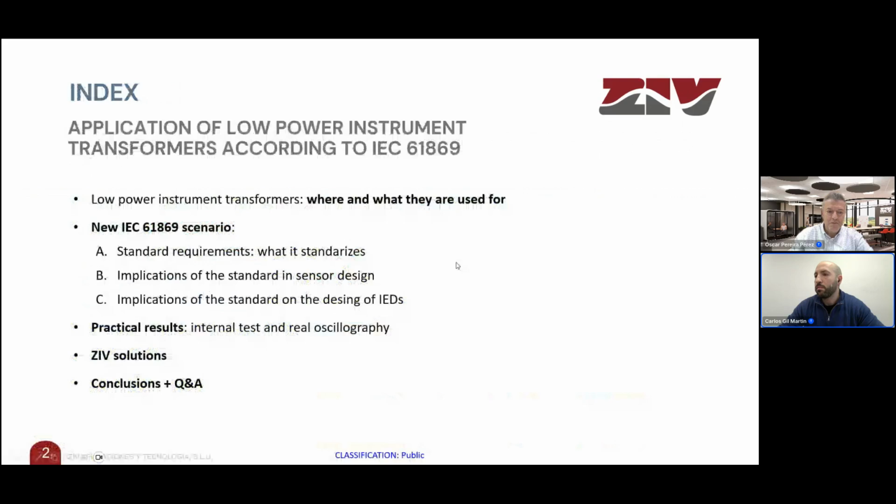So, the presentation is divided according to this index. We are going to talk about what low power instrument transformers are, and then we will see what kind of implications in the design of LPIT and IED have come about due to this new standard.